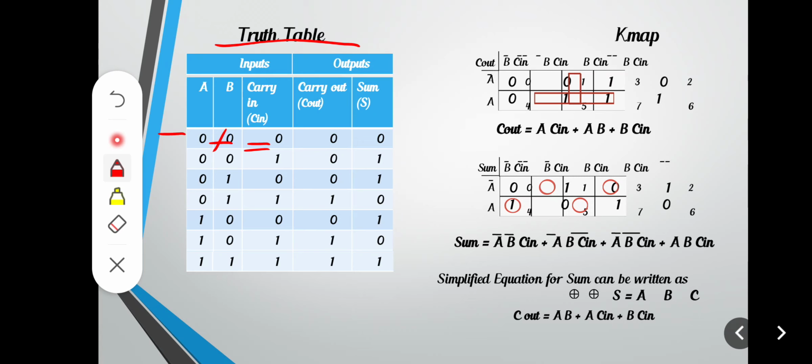That means the sum is 0 and the carry bit is also equal to 0. Similarly, in the next row, 0 plus 0 is equal to 0 and then 0 plus 1 is equal to 1. That means in the second row the sum is equal to 1 while the carry bit is equal to 0.